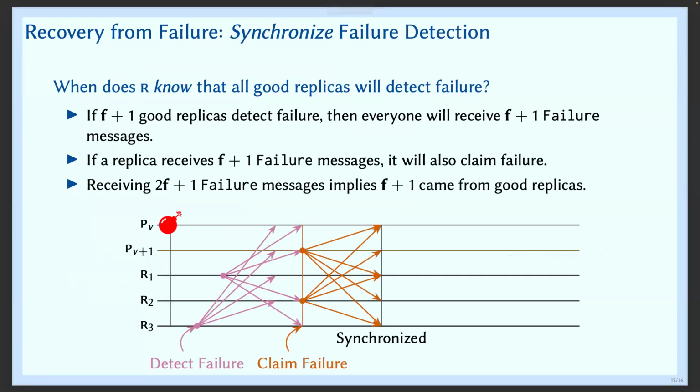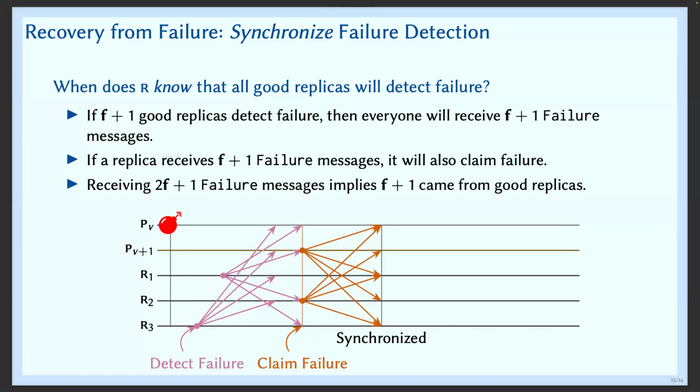Actually, let me ask about some other interesting scenarios. So this is a happy case of synchronization. It's a happy case because some were able to detect failure, others were able to observe a valid claim of failure, and they all sent it, and we were able to synchronize, meaning the new primary was able to collect 2f+1 failure messages or 2f+1 view change messages, and now is able to do state synchronization by sending a new view.